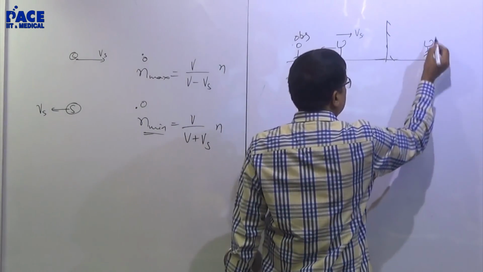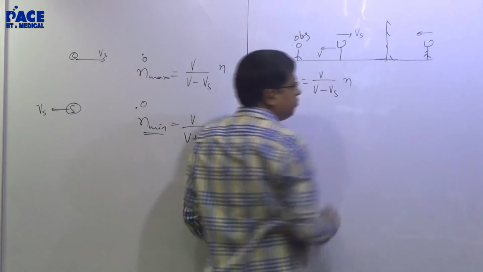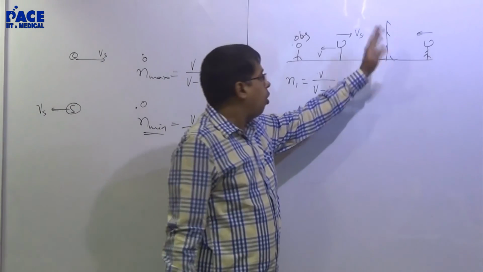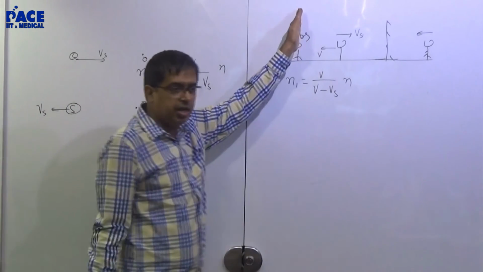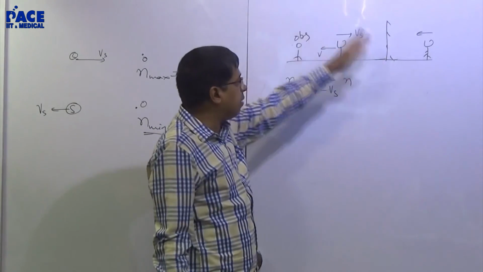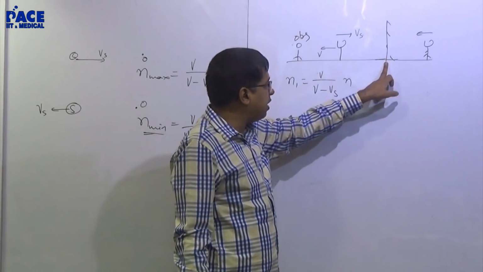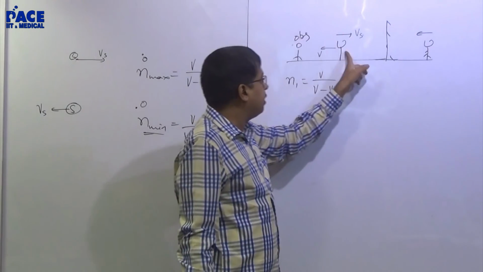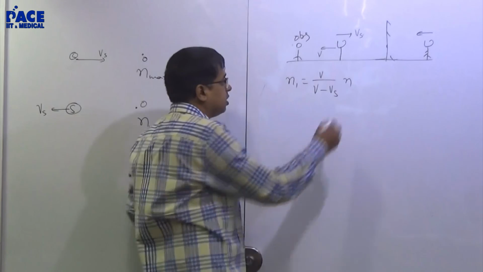It will appear to come from the mirror image of this. Technically, this frequency reaches the wall. On reflection from here, it will come till here. Instead of calculating the apparent frequency received by the wall and then the wall sending back, directly you can deal with the mirror image.